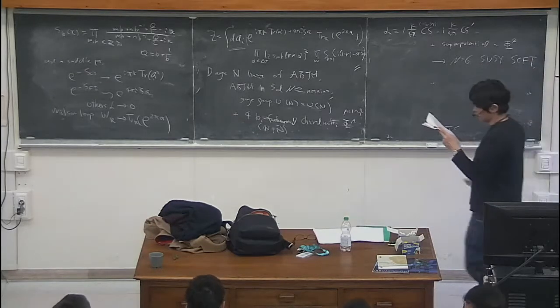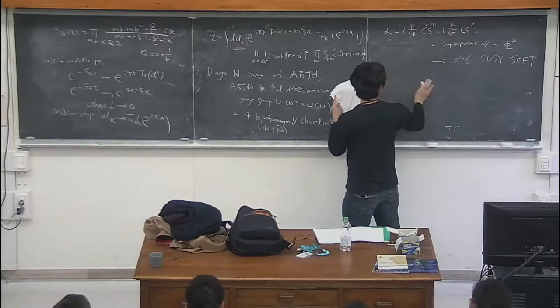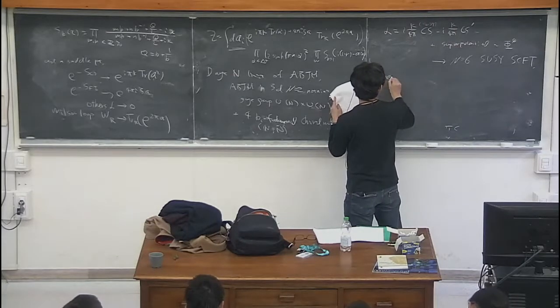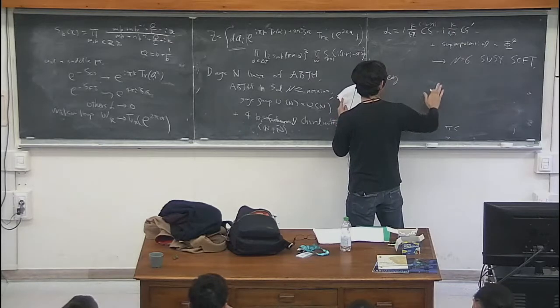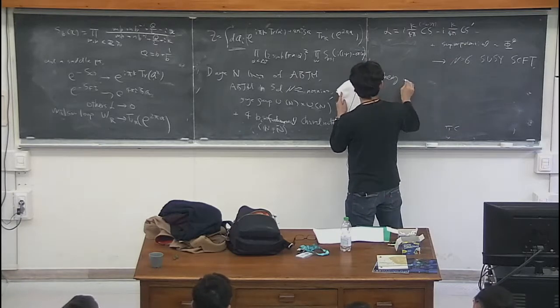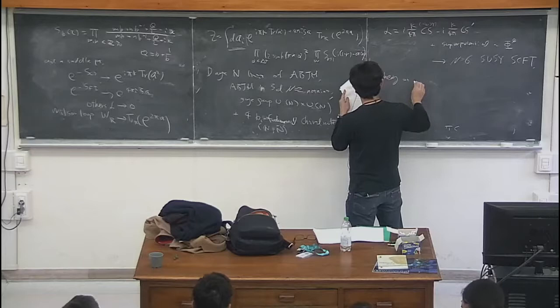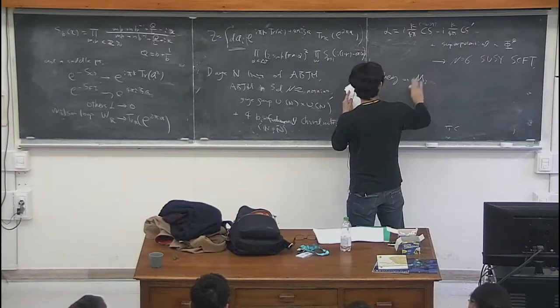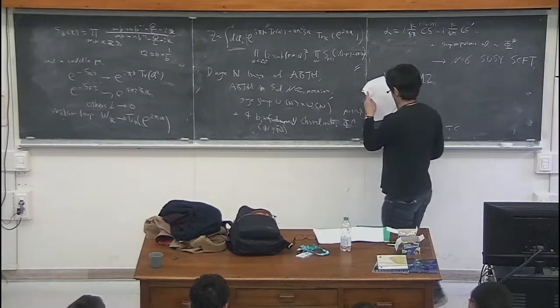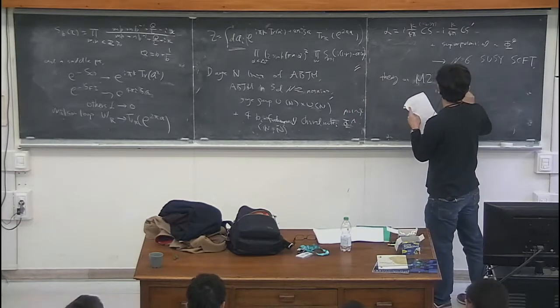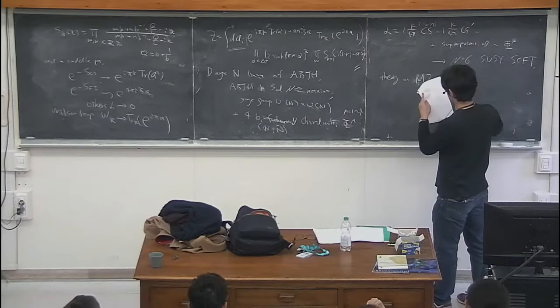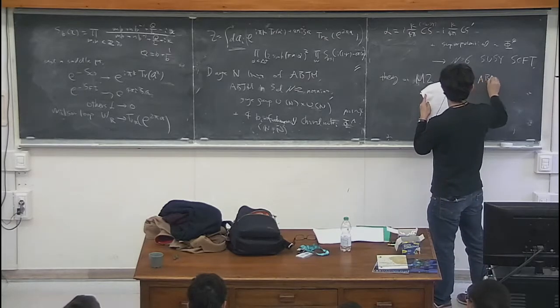Why is this theory interesting? This N=6 supersymmetric 3D theory is very interesting and very special; its existence is highly non-trivial. The theory on the M2 brane, in the low energy limit, is described by ABJM.